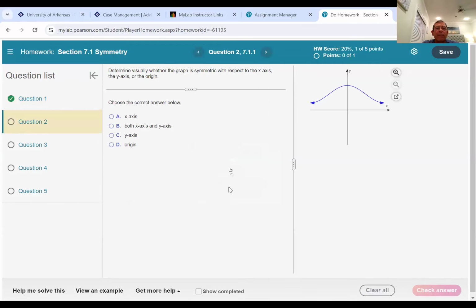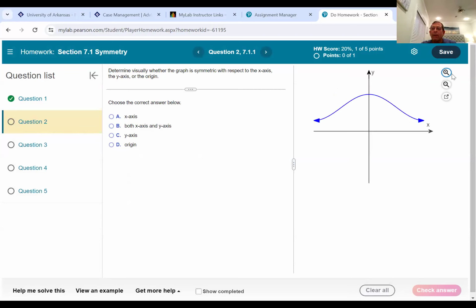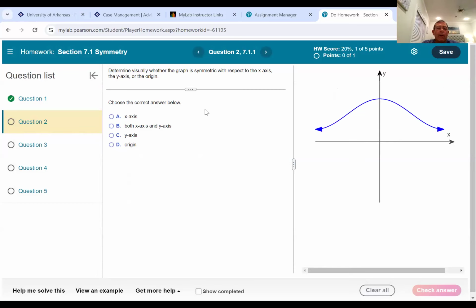Next question. All righty, so let me make this one a little larger. On this next graph, y'all, what would you say? X-axis, both the X and Y-axis, Y-axis, or the origin? Y-axis, definitely, because that Y-axis is cutting it in half.